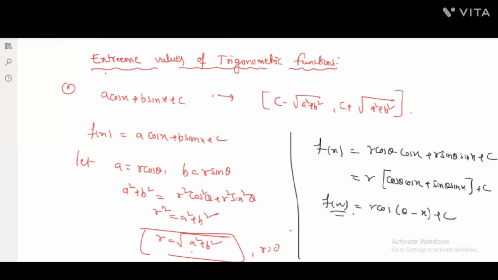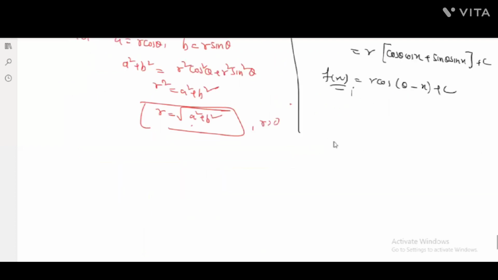We know that cos of theta minus x always lies between -1 and 1, since the range of cosine is -1 to 1.